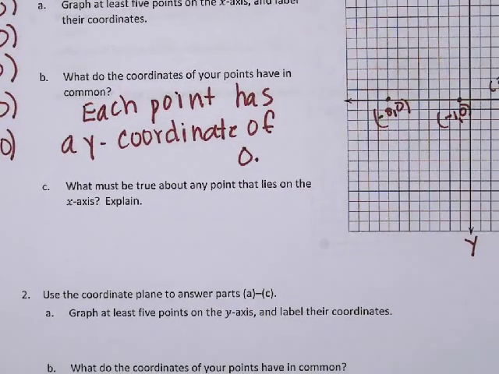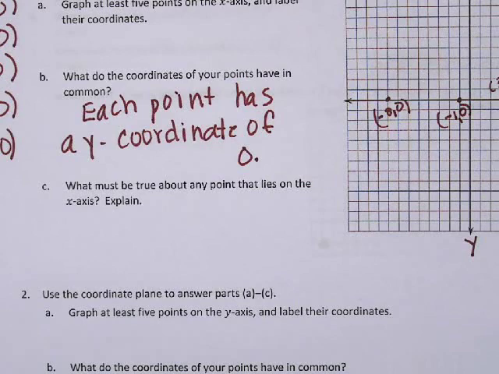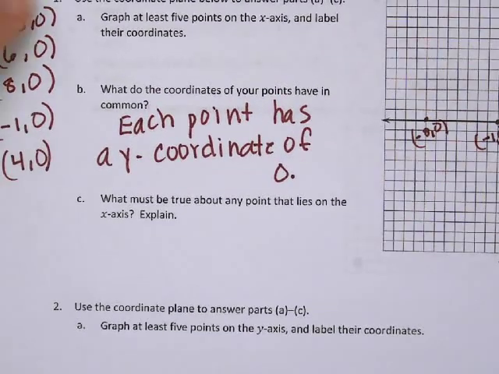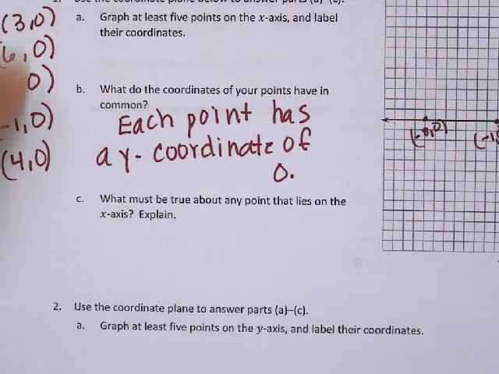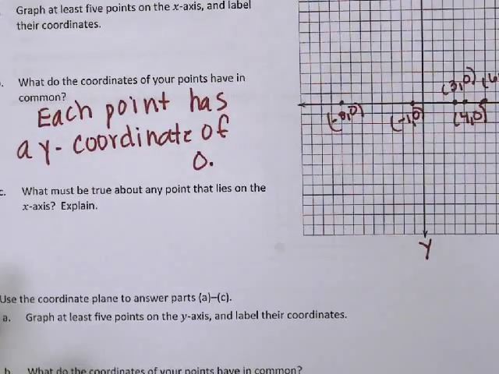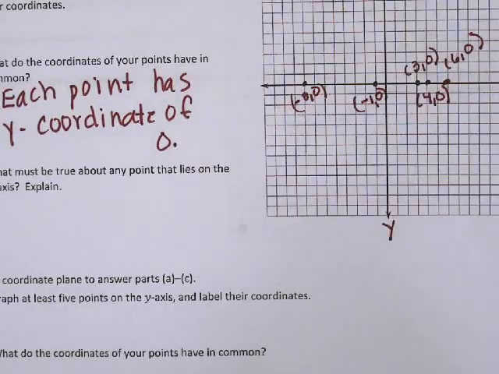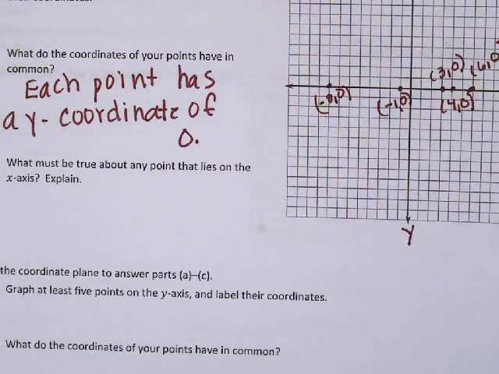So what must be true about any point that lies on the x-axis? Explain. So what we're looking at here is that when you're graphing points and you see a 0 as your y-coordinate, you need to know automatically that that's going to lie on your x-axis, okay? That way, because the zeros can sometimes be confusing, we know that anytime we're graphing a point with a y-coordinate of 0, it's going to lie on the x-axis.